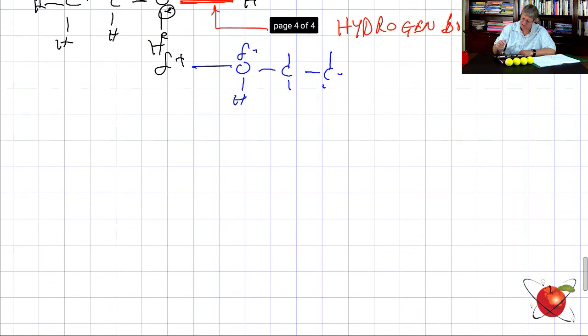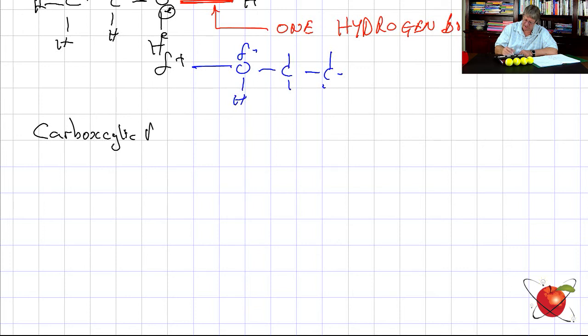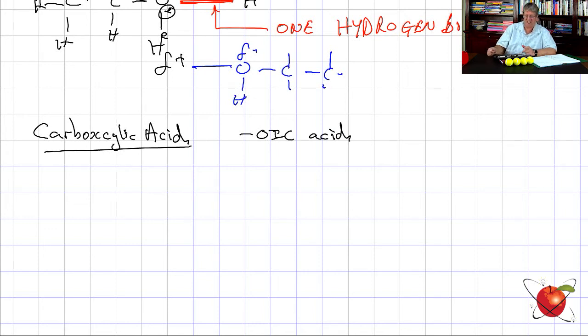What about the next level up? The last level up that we studied was the carboxylic acids. Remember, these were the oic acids: methanoic, ethanoic, hexanoic, and all of those, and we use them with alcohols to get esters, etc. So here we go.